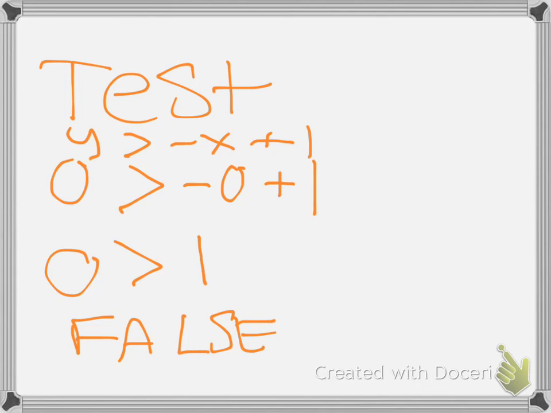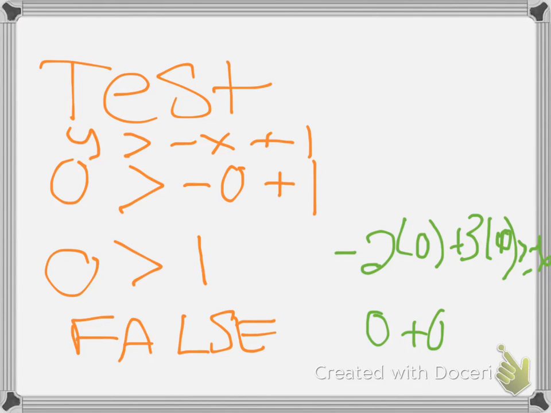When I test that one, I have negative 2 times 0 plus 3 times 0. That's a 0. Has to be greater than or equal to negative 6. I get 0 plus 0 is greater than or equal to negative 6. 0 is greater than or equal to negative 6.